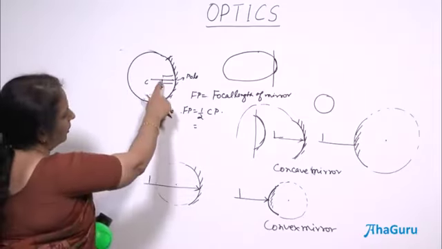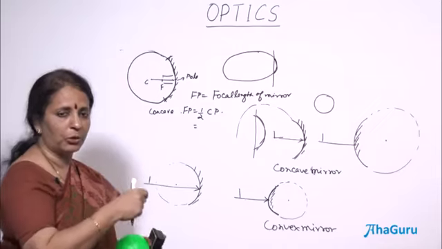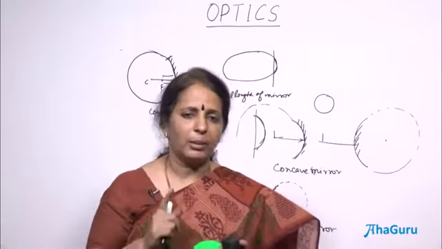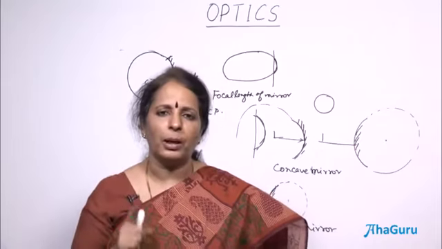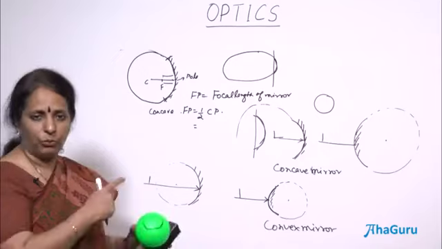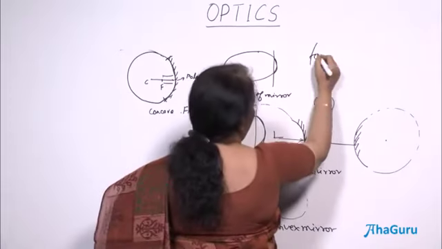Apart from that, this point F should also have a name, that is known as the focus. Every spherical mirror will have one focal point or one focus. You cannot have 2 or 3; the plural of focus is foci.